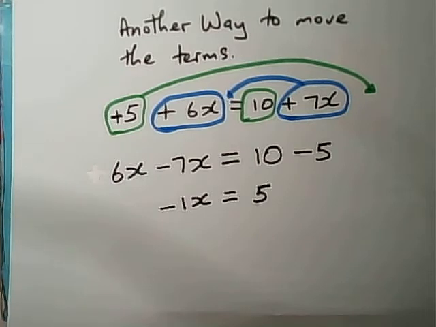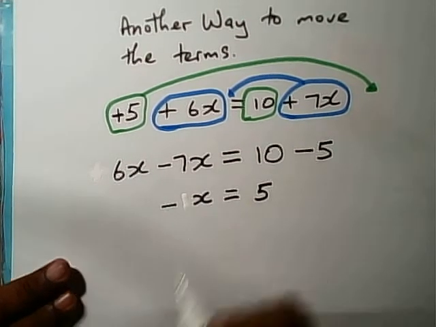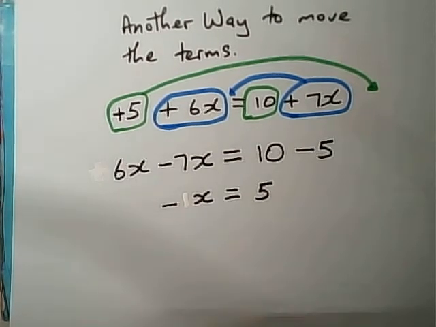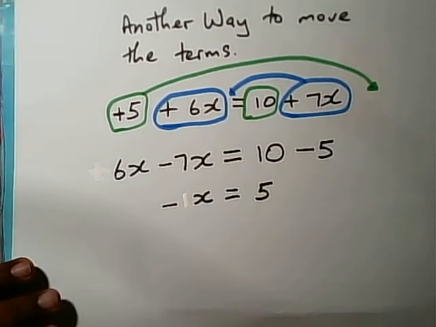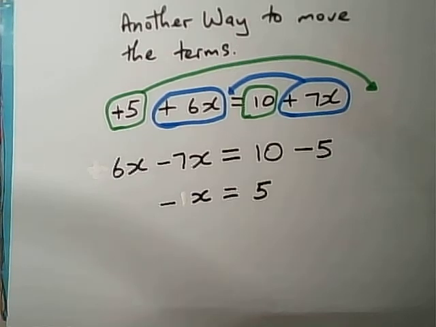By the way, minus 1x could be written as minus x. If you see no number there, you know it's an invisible one. But remember, the aim of our game was to get x alone on one side. And we have a problem here because we have a minus x.